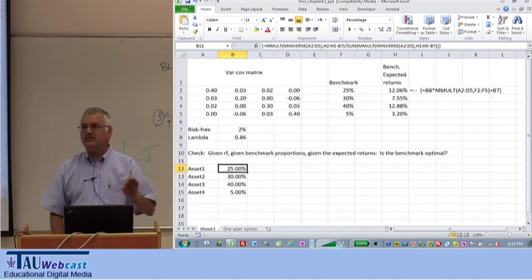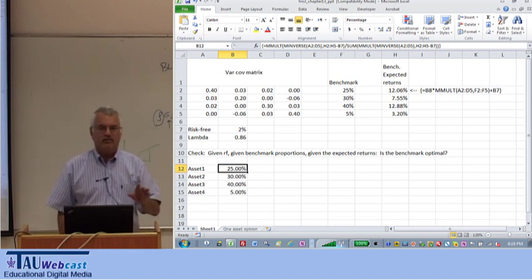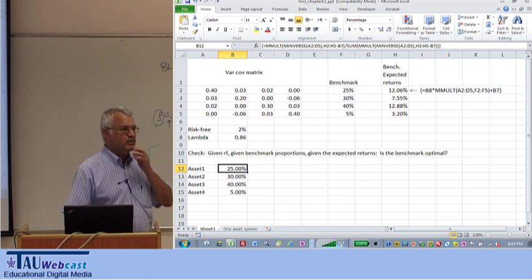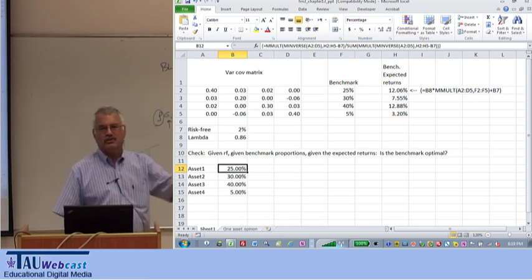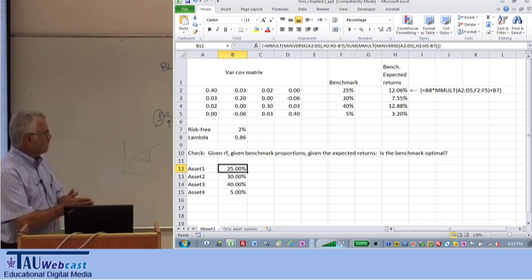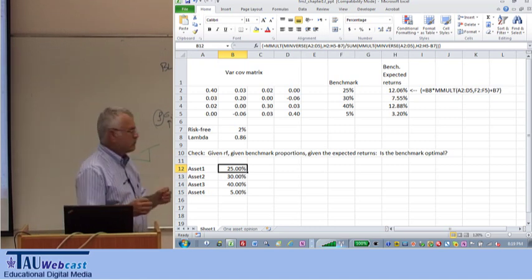And that extends to the way I present this with Lambda. If you look at most of the papers in this area, they use some other symbols, and they go into all this stuff about market risk aversions. I can't understand. Okay, so let me give you my take on Lambda.